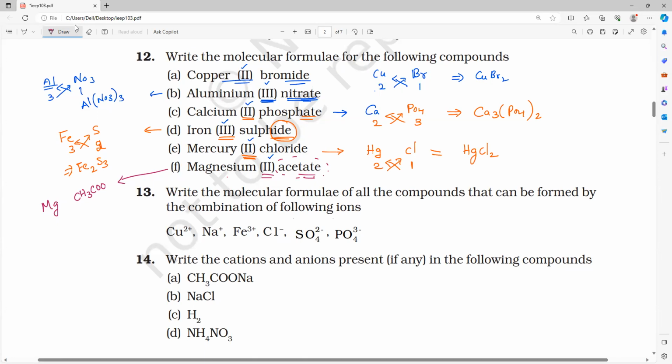Valency of magnesium is 2, acetate valency is 1. So magnesium acetate formula is Mg(CH3COO)2. Everybody has to learn, very important formulas. Clear, everybody?